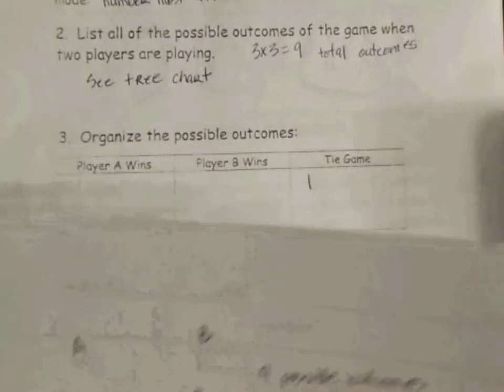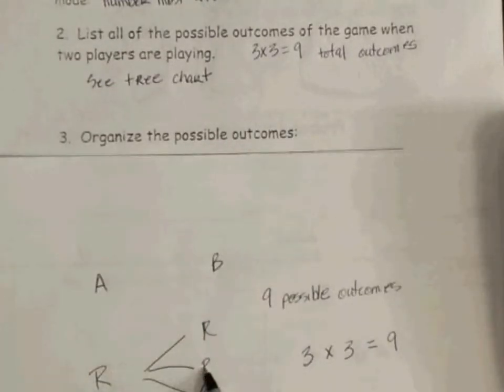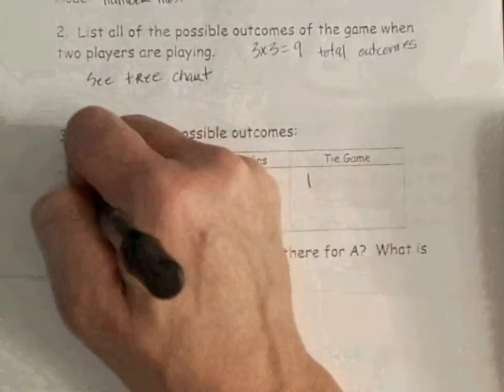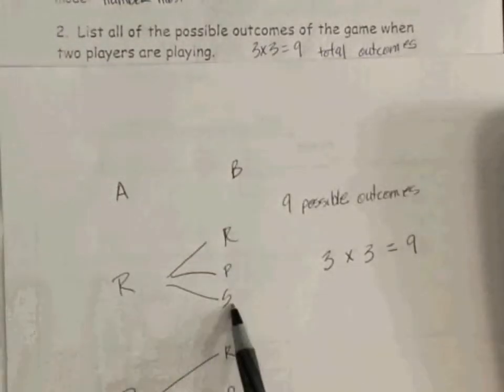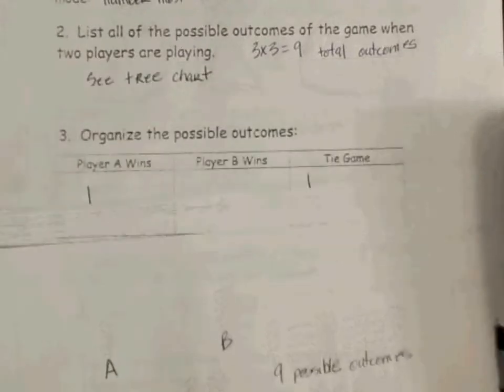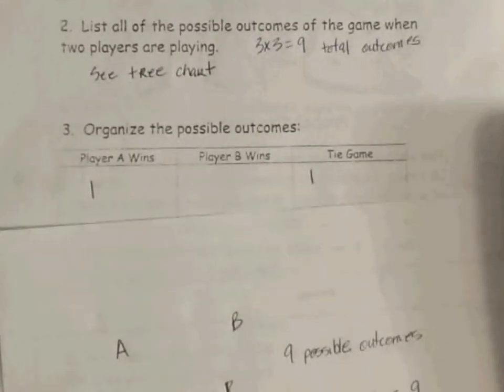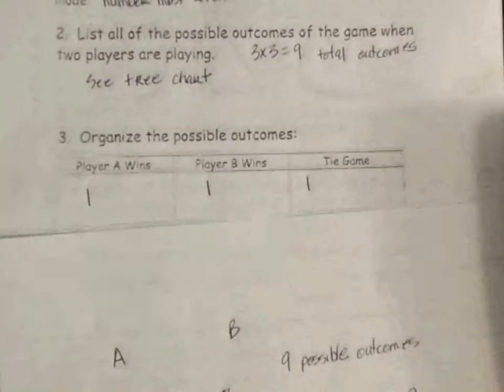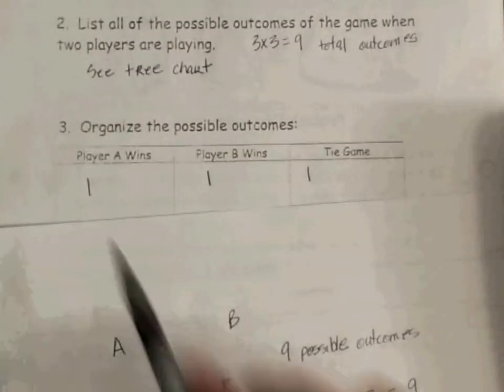We're going to do a tally for tie. And then we have rock and paper. Paper covers rock, B would have won on that one. And then rock breaks scissors, A would have won.